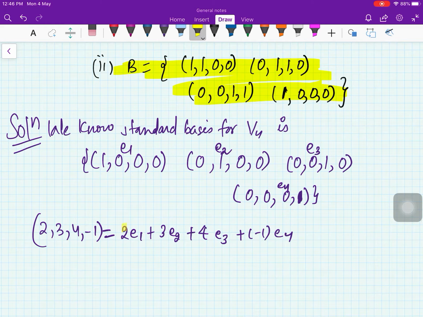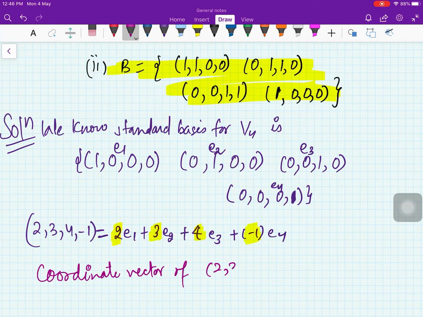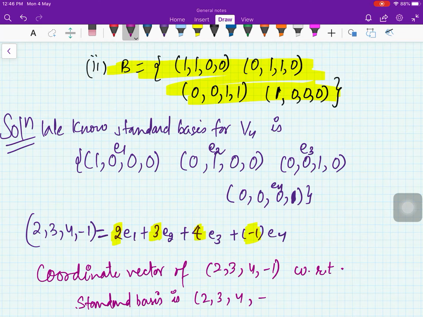So the coordinate vector of (2, 3, 4, -1) with respect to the standard basis is (2, 3, 4, -1).